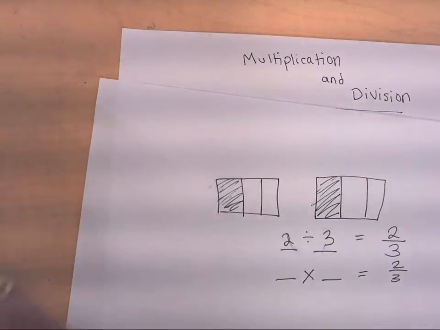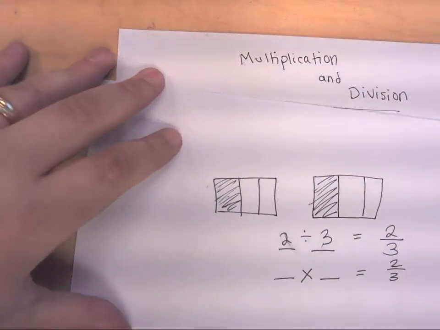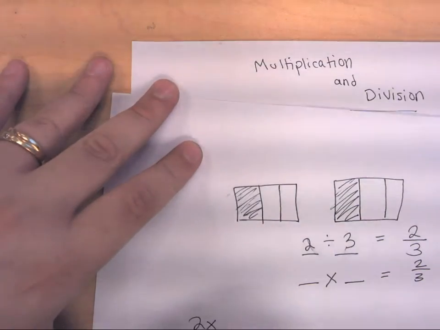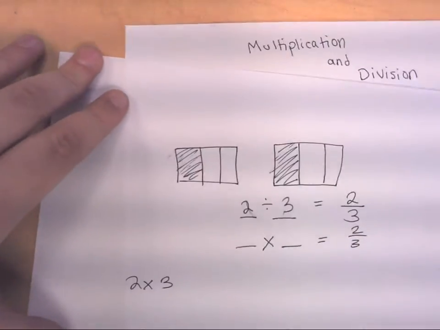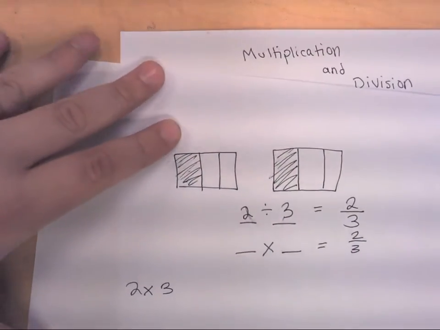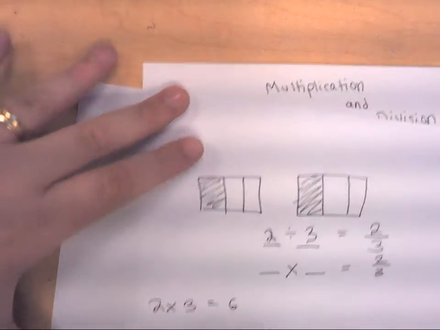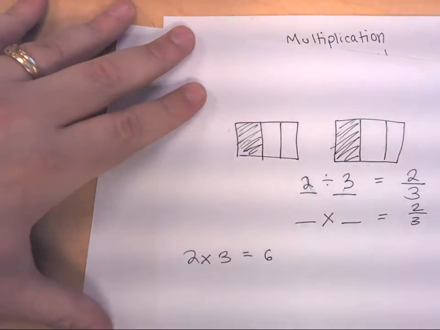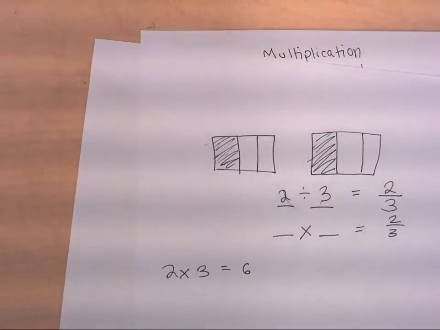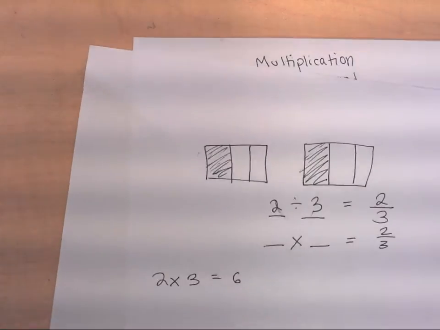And a lot of students at first thought, well, I think maybe he's asking for 2 times 3. And we started talking about it, and 2 times 3 is 6. And I asked the students, well, what is that 6? What size is that 6? Is that 6/3?